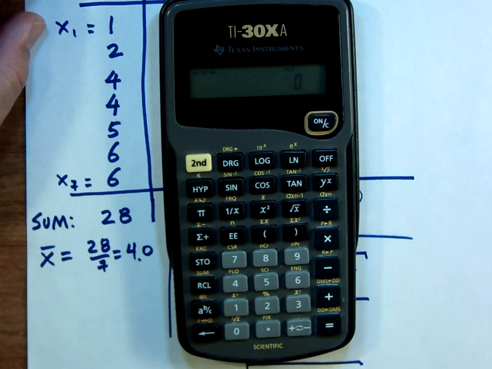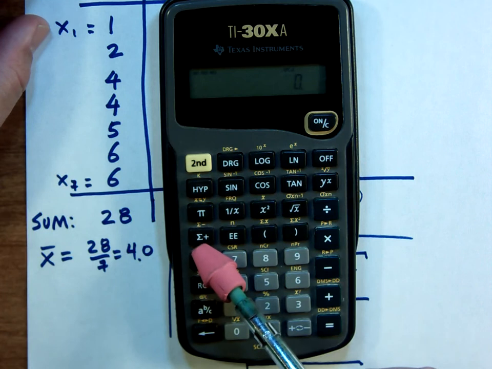First, let me direct you to several keys that you do need to use. First is this key right here. If you recall, this is a Greek capital letter sigma plus. We use this to enter data.